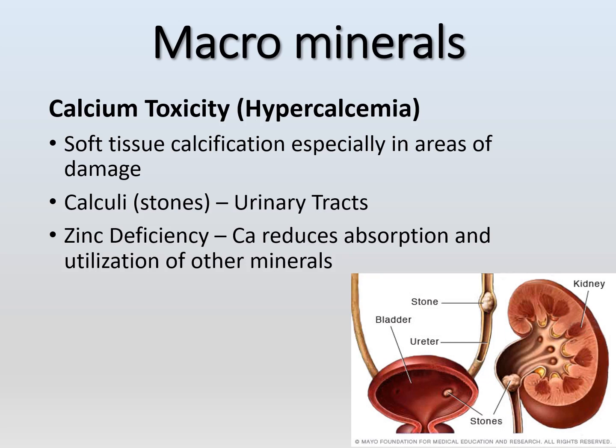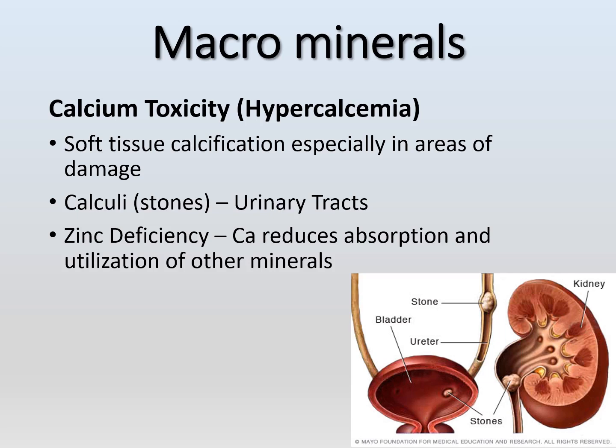So instead of your bones being calcified, your soft tissues start calcifying, especially in areas of damage. So that's not good. But we also see urinary stones, calculi, they call them, in our urinary tract. So kidney stones, right, are a big one. And they can move down from the kidney through the ureters and into the bladder.